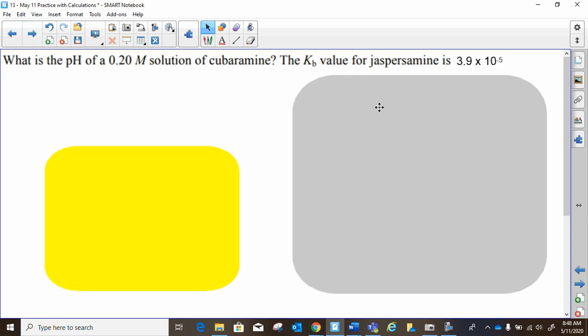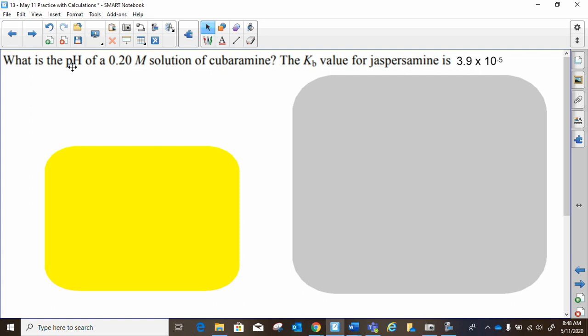All right. Let's just say you were looking at something like this. I chose this question because I wanted to highlight something for you. They give you the Kb. That means this jaspermine is a base, but they're looking for pH. Don't be fooled.